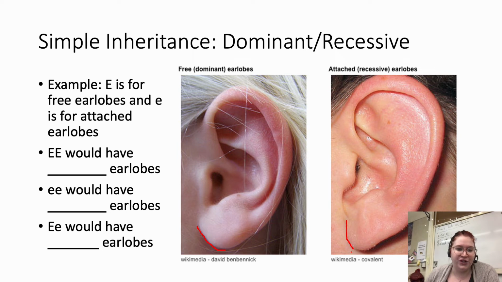So if your genotype is big E, what kind of earlobes would you have? You'd have free. Your phenotype is free earlobes. Okay? If you have little e, you are going to have these recessive earlobes. Your phenotype is attached.